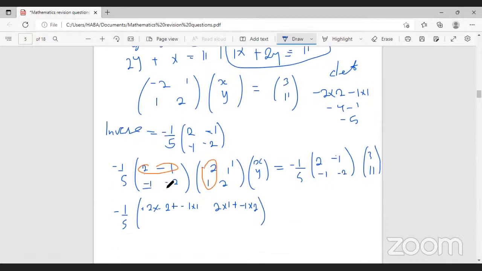Then we come to this other one, still do the same: negative 1 times 2 times negative 2. This one here is a negative. Let me first rub off something here and then you see it's a negative.